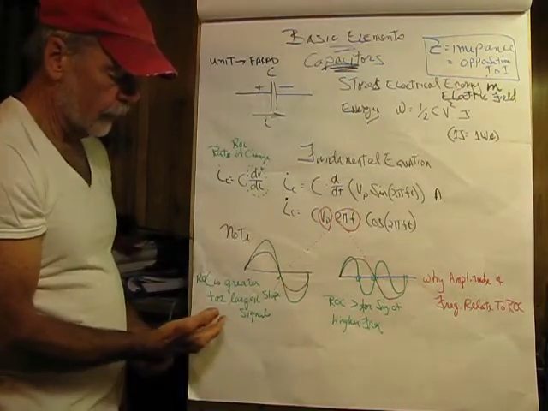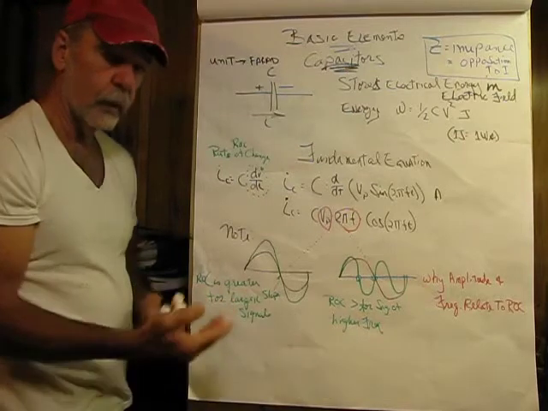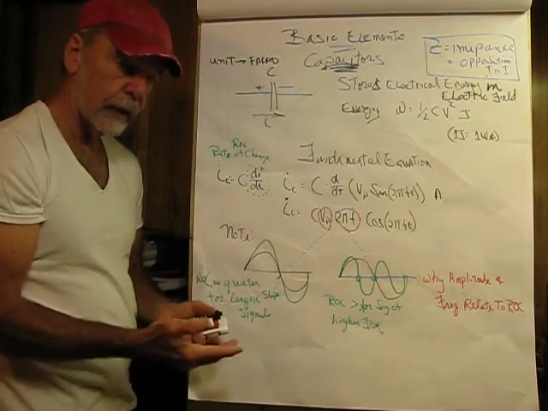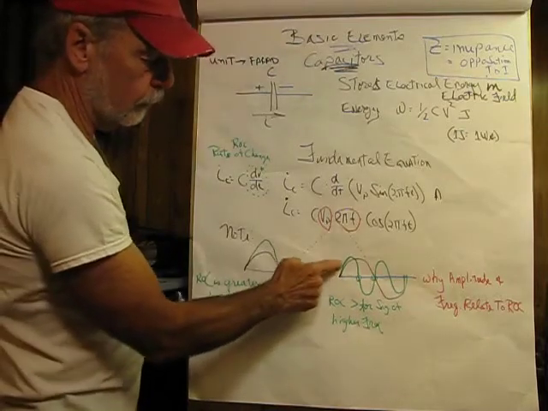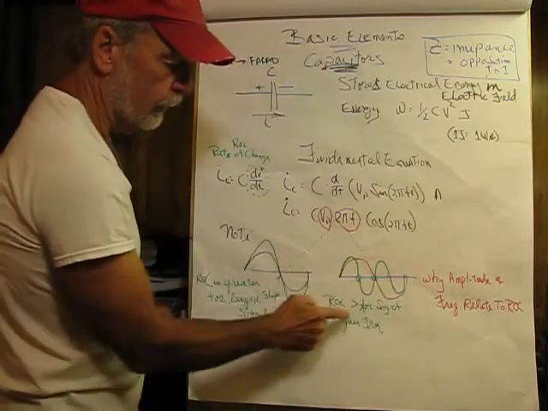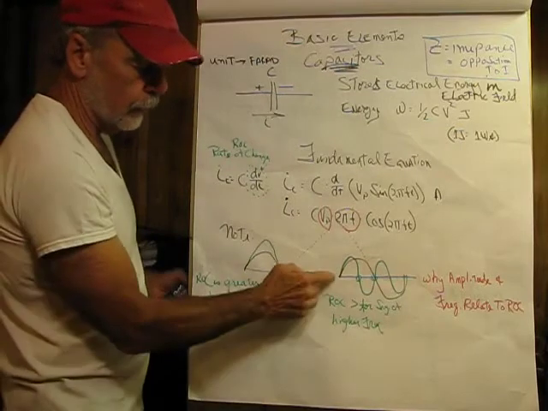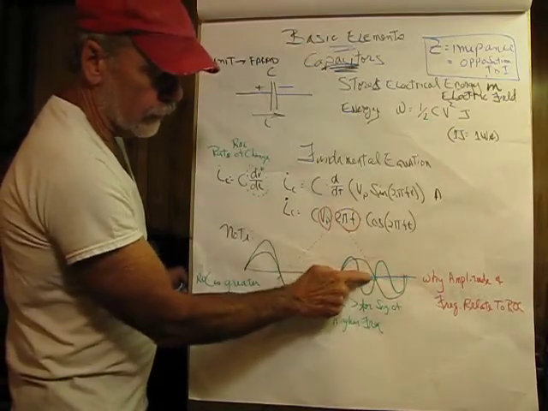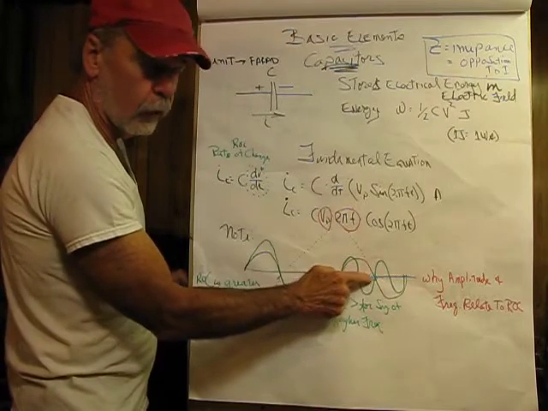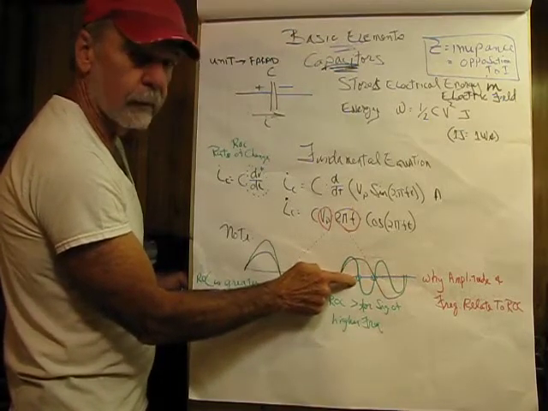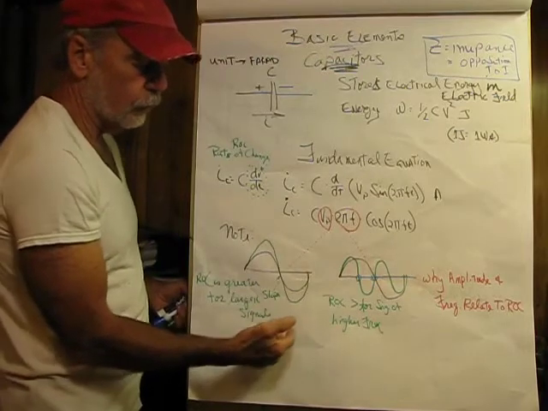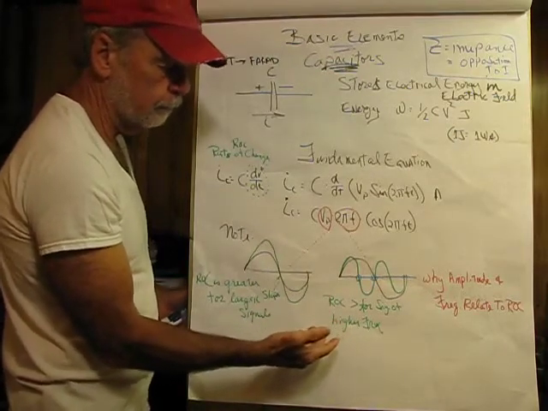So the rate of change is greater for a larger amplitude signal. Likewise, if the black sine wave is our reference and I double the frequency, you can see that the rate of change here, the slope in the negative going direction, is greater than the rate of change there. So rate of change is also a function of frequency.